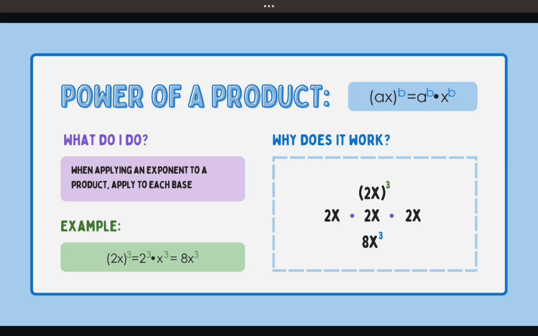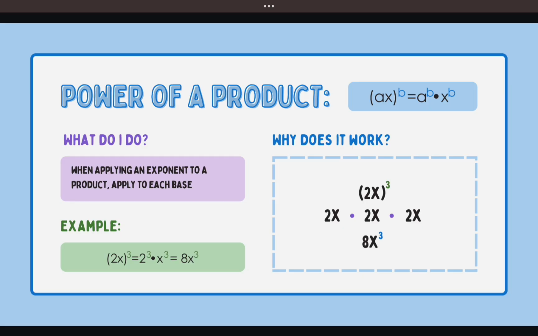So we have 2 to the power of 3 multiplied by x to the power of 3. 2 to the power of 3 is 2 multiplied by 2 three times, so we have 8. So the answer is 8x to the power of 3.